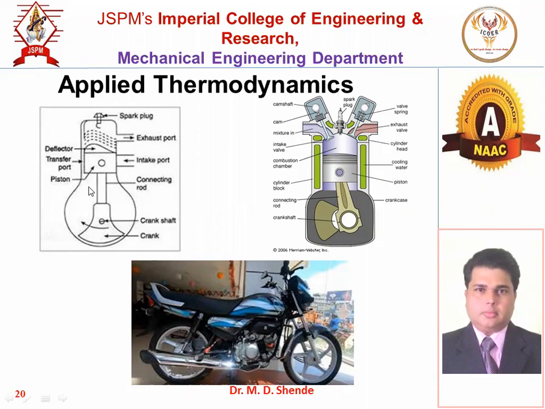They are used only for small engines, for agriculture spray, pesticide spray. But for transportation or automotive application, such engines are obsolete. You will not find the two-stroke engine now.